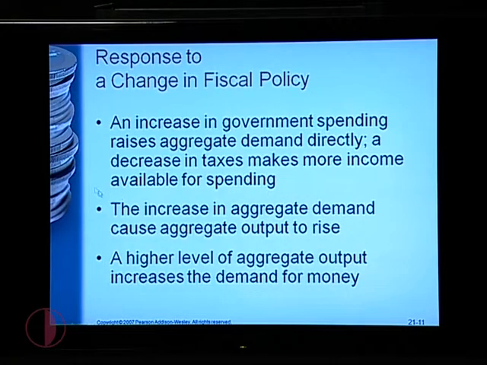Response to a change in fiscal policy. An increase in government spending raises aggregate demand directly. A decrease in taxes makes more income available for spending. The increase in aggregate demand causes aggregate output to rise. A higher level of aggregate output increases the demand for money.